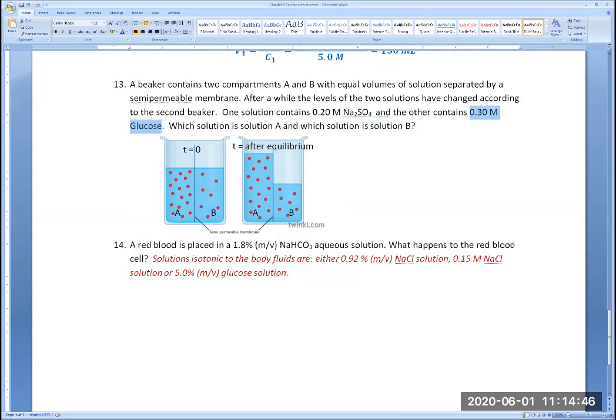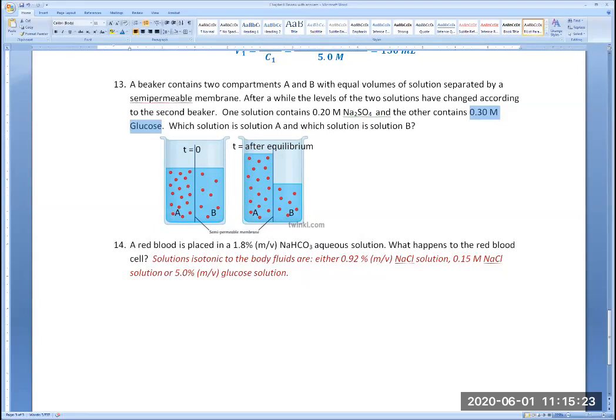And so this movement of water, going from right to left here, you can see on the left side there are more red dots. So that tells you it's more concentrated. Solution A is more concentrated than solution B. Because the solutes cannot equalize, it's the water that will try to equalize the concentrations by moving from B to A, because water goes from low solute concentration to high solute concentration.